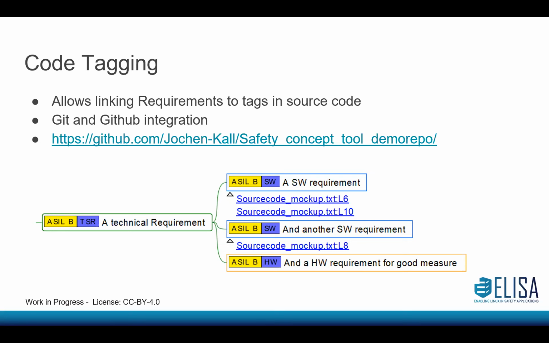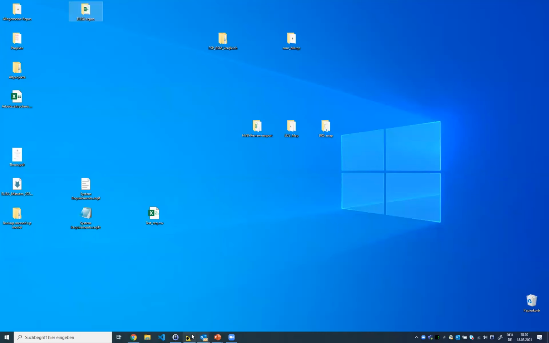Later, you can all grab this repository, check it out. There is some mock-up source code prepared in there to demonstrate it. And I already checked it out. So give me a second to pull up Freeplane again.